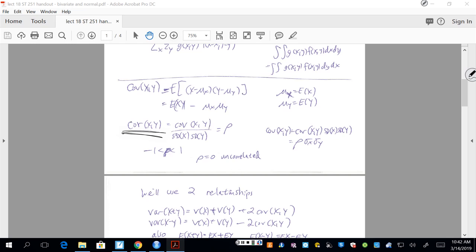It fits it on the screen. That's the standard deviation adjustment. Correlation turns out to be between -1 and 1. When it's 0, the covariance is 0, and they're uncorrelated with one another. They don't tend to go up or down together. Positive covariance is positive correlation.